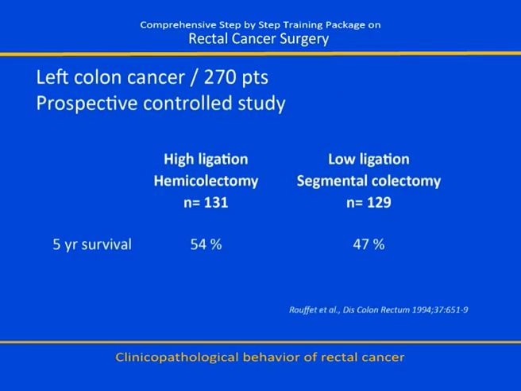A small prospective study on left colon cancer by the French Association of Surgery compared the effects of high and low ligation on 5-year survival rates, and no significant difference was observed between the two groups. This result shows that the choice between high or low ligation has not been definitely shown to have a prognostic effect in left colon cancer surgery.